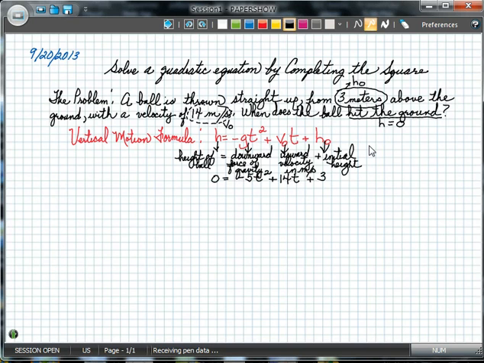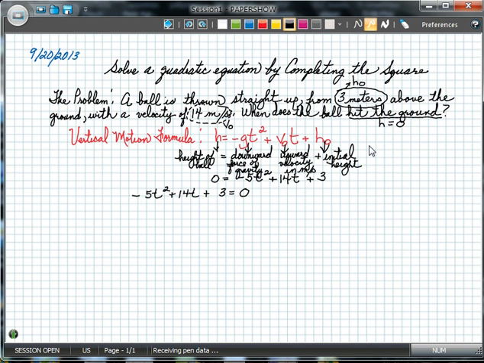I'm going to rewrite that so it's easier to read. A negative 5t squared plus 14t plus 3 is equal to 0.